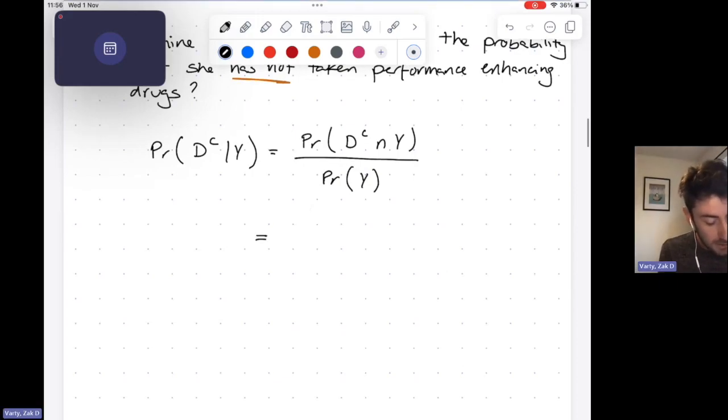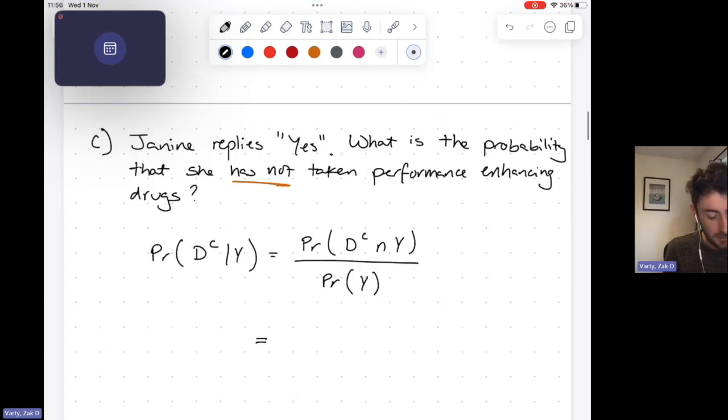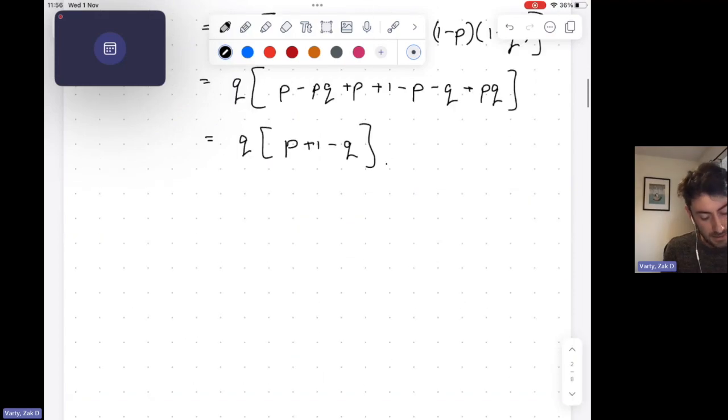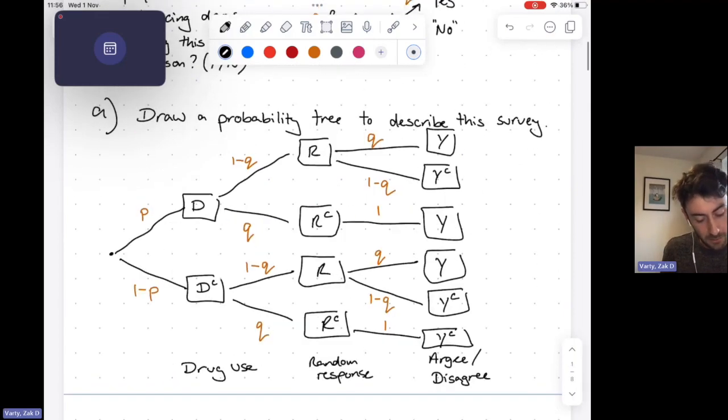So what we can do then is use the probability tree up above to substitute this in. So the probability of not taking drugs and saying yes, if we scroll back up, is the probability of not taking drugs and responding yes.